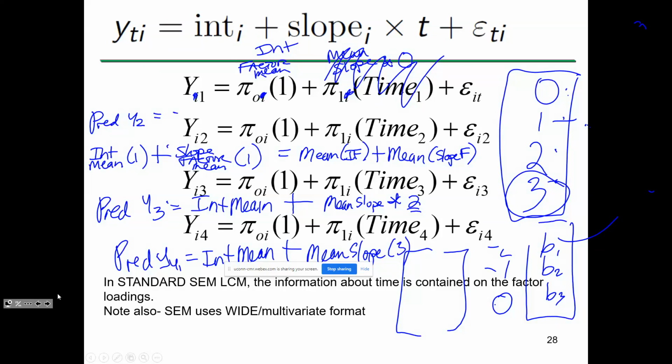So in this model, by the way, how many degrees of freedom would I have on the variance covariance side? Let's count that out. We've got 4 time points, right? So what are we estimating? With 4 time points, we're estimating 4 different error variances, right?